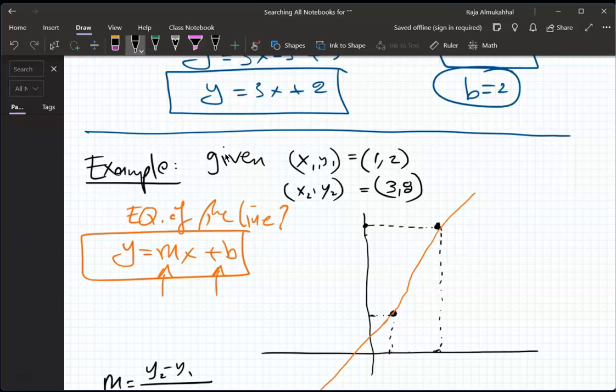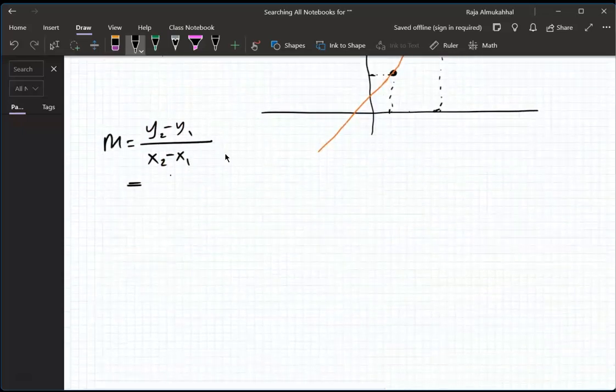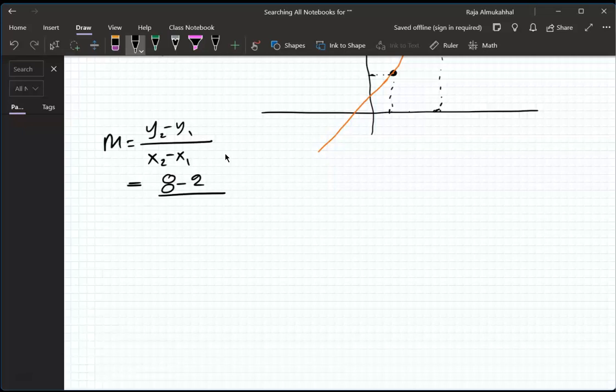So the slope will be 8 minus 2 divided by 3 minus 1, and that will give us 5 over 2. So here's the slope, 5 over 2.